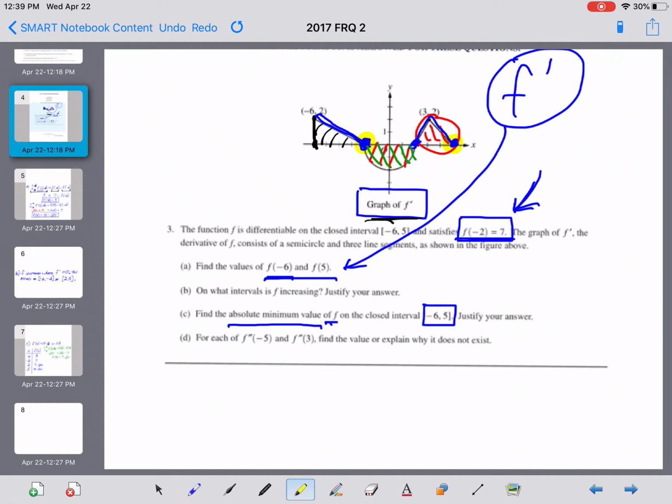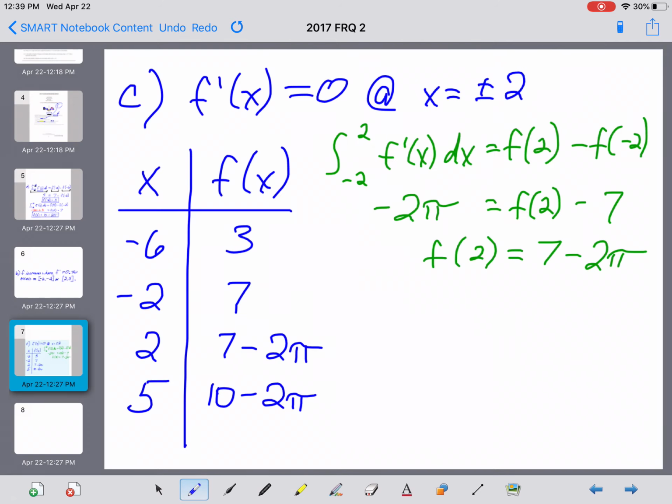We are looking for an absolute minimum value of the function on this interval right here. So in terms of minimums, we know the answer can't be 7 since the 3 right above it is less than that. 10 minus 2 pi is going to be bigger than 7 minus 2 pi. I think we can see that, so it's not going to be that value. We have to think for a second, though, everybody, roughly, about what the value of 7 minus 2 pi is, and this one isn't too bad.